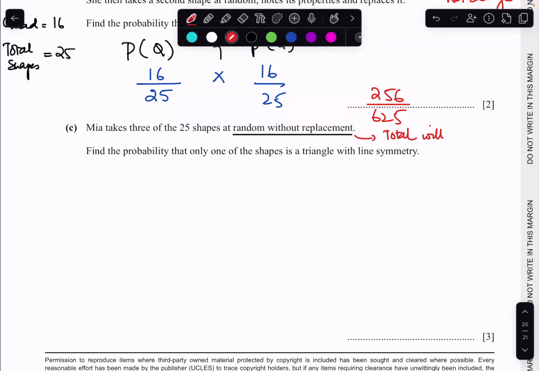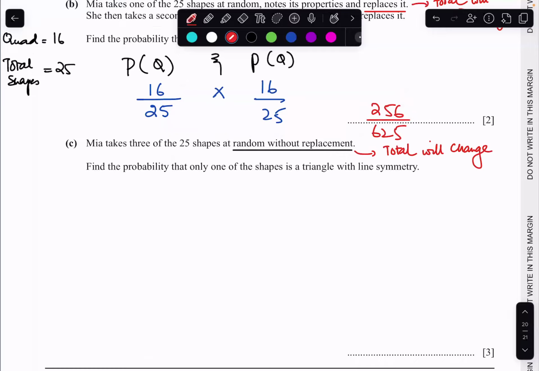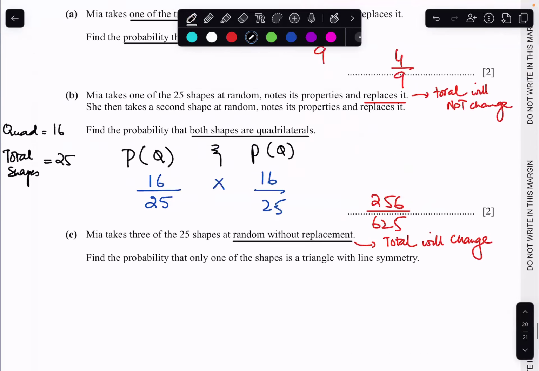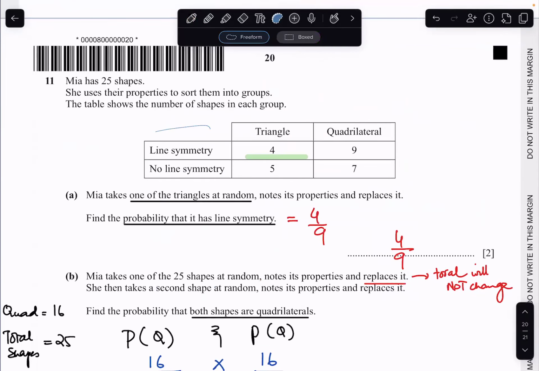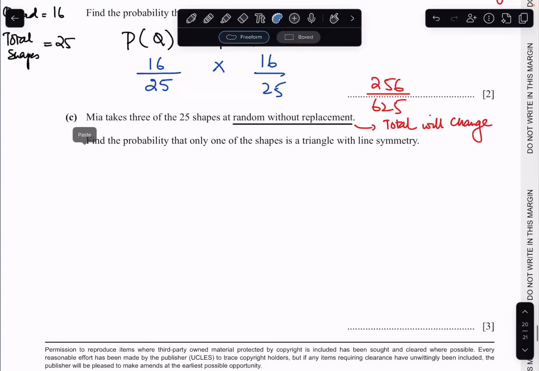Yes or no? No. So total will change, right? Find the probability that one of the shapes is a triangle with line of symmetry. She's taking 3, and let me just copy this. I'm going to paste it over here.